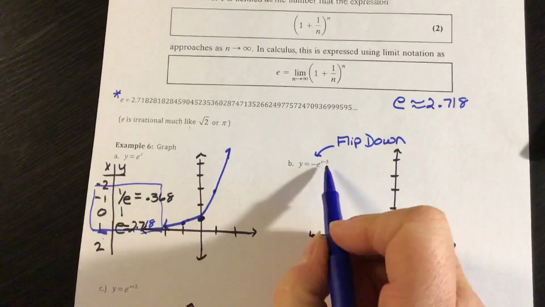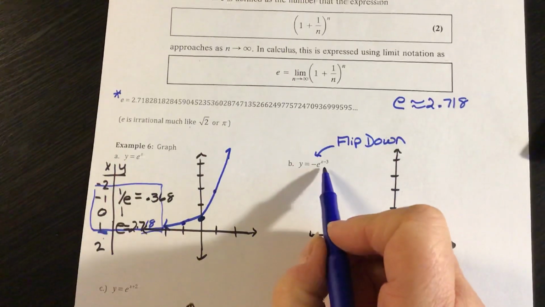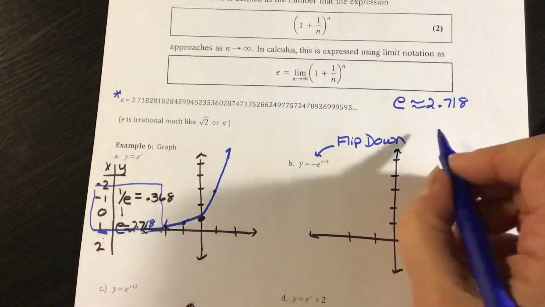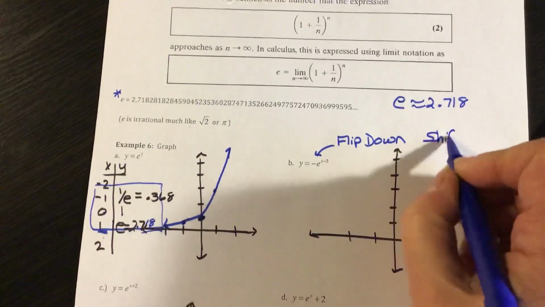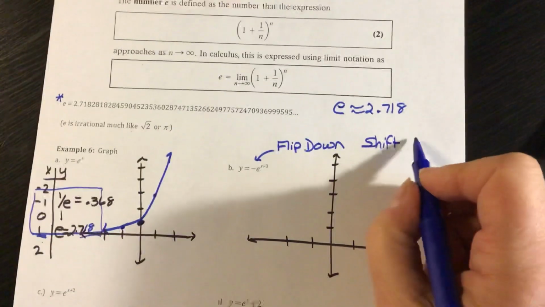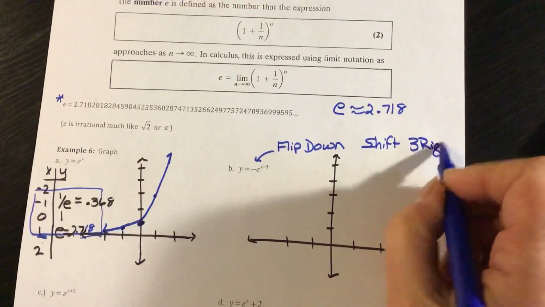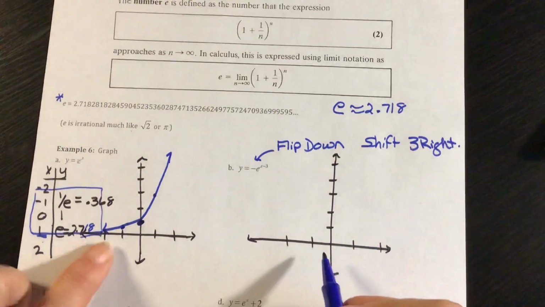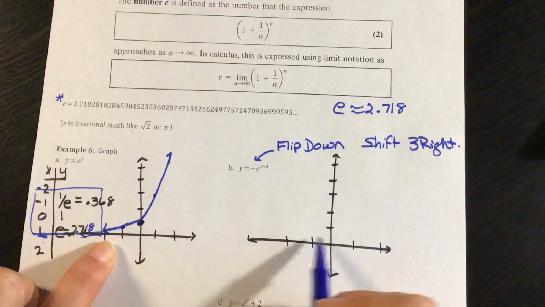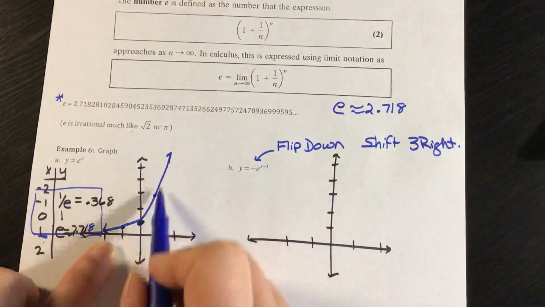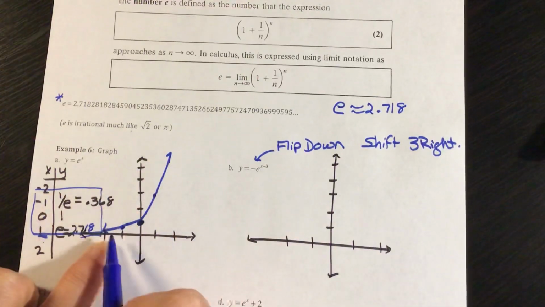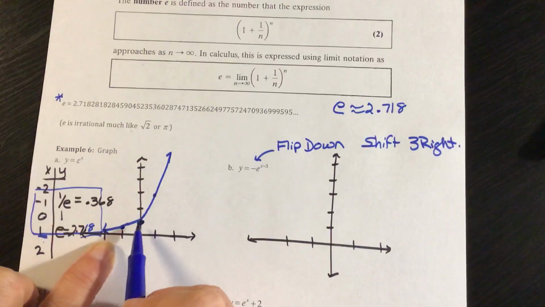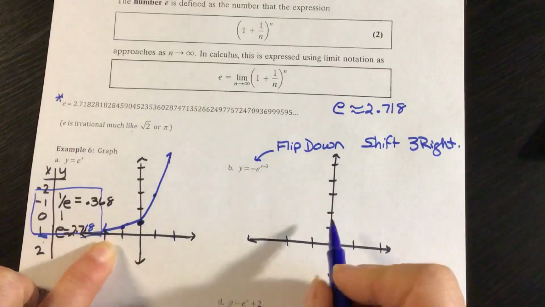And this tells me I'm going to shift 3 to the right. All right, so if I look at the graph of the parent function, this point right here is going to be shifted 3 to the right.